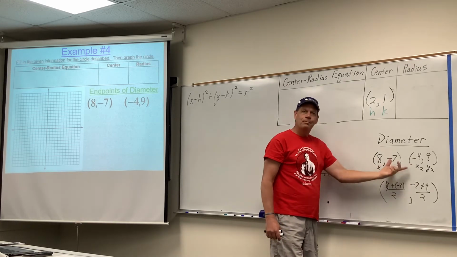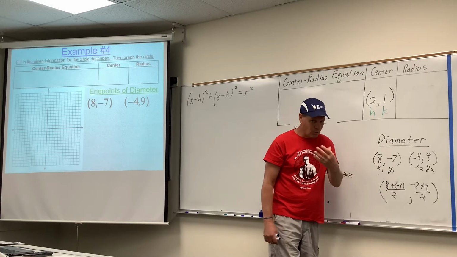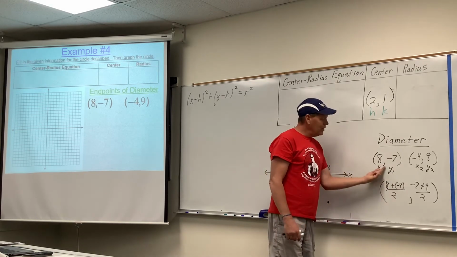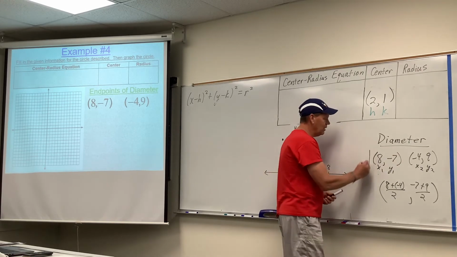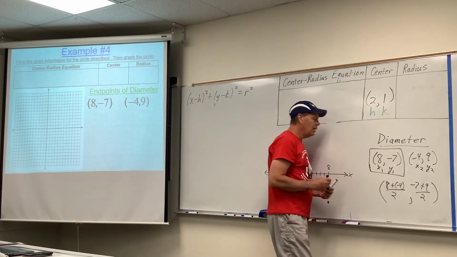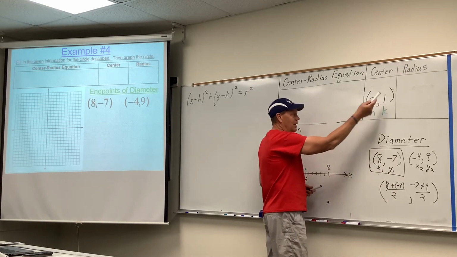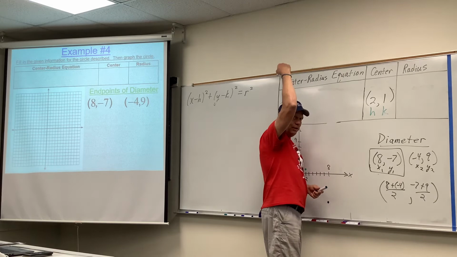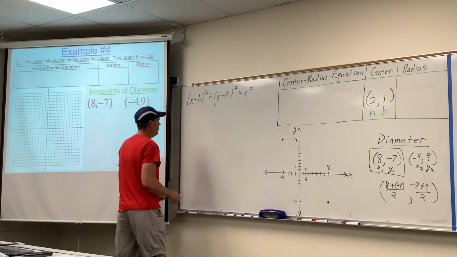We got 2 of them. And I will tell you, much like when we graphed lines, when we built equations of lines, remember we said, you pick either one. All right, so let's just say for the sake of discussion that I decide to pick that ordered pair there. We're going to plug that in for X and Y. We're going to plug this in for H and K in that equation of a circle over there and solve for R. Very similar approach that we did before.